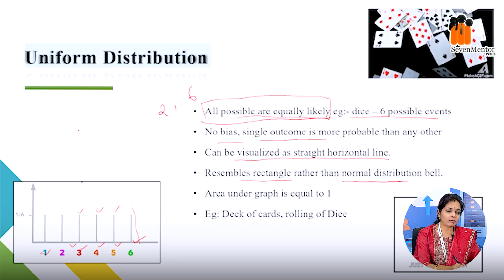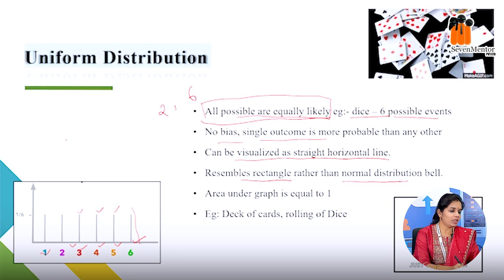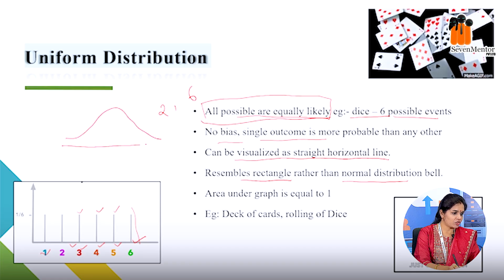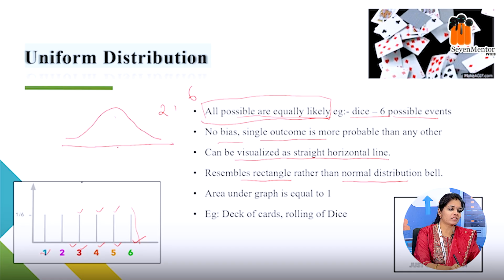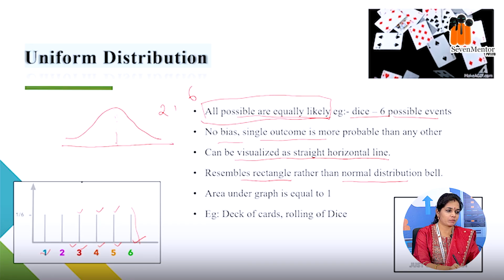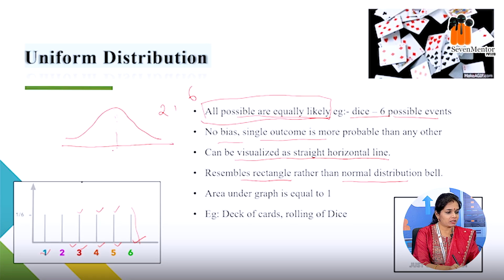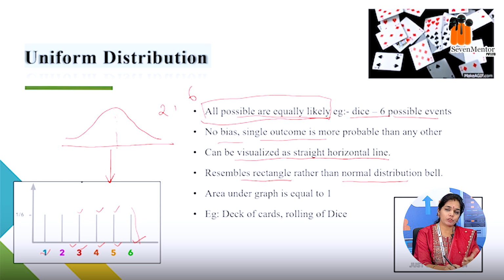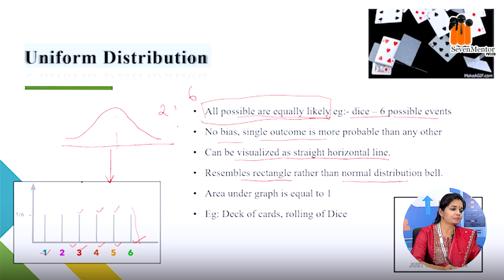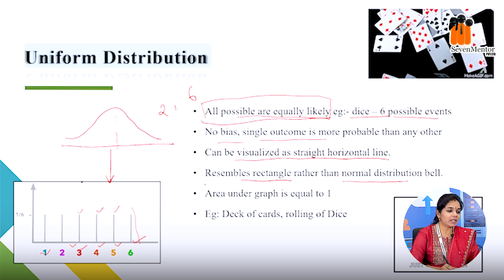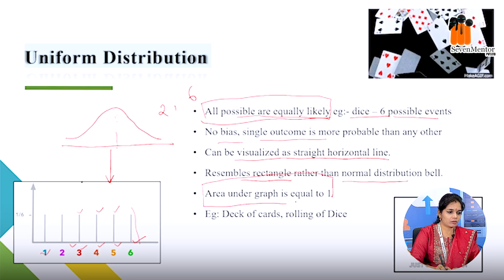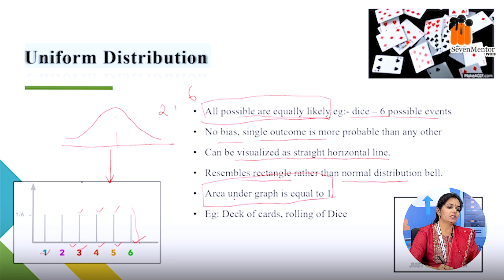We are used to this bell curve distribution, but instead of getting a bell curve, we get a rectangular distribution in the case of uniform distribution. The area that is covered is equal to 1.